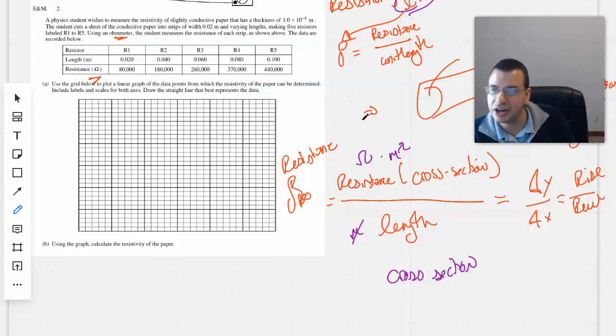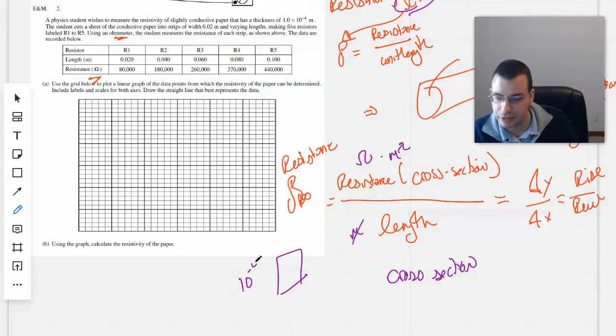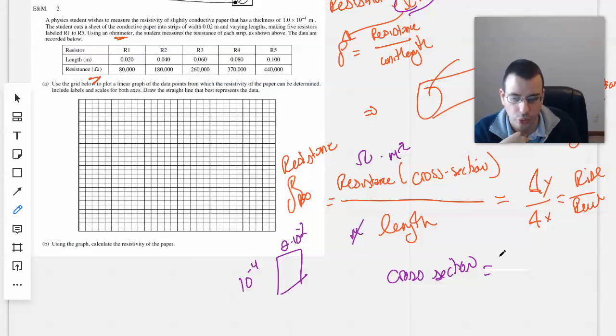Cross section. This is a piece of paper, which has a thickness of 10 to the negative fourth, and it has 2 times 10 to the negative second as the width. And so the cross section would be the two multiplied by each other, so it would be 2 times 10 to the negative 6 square meters.